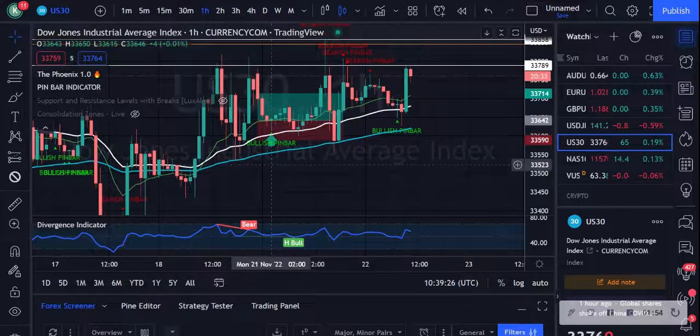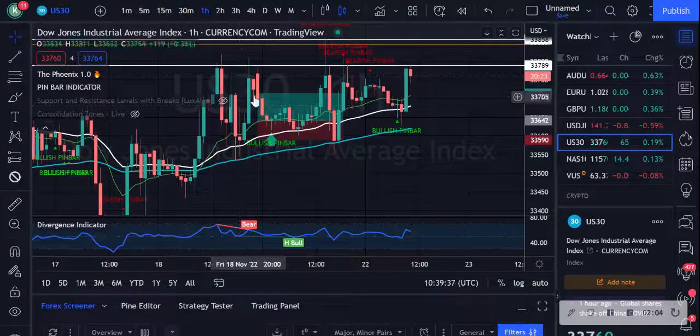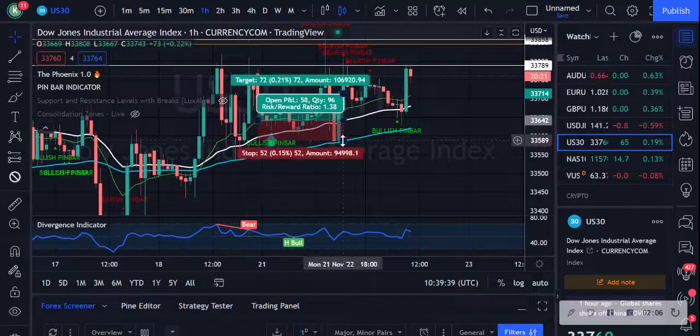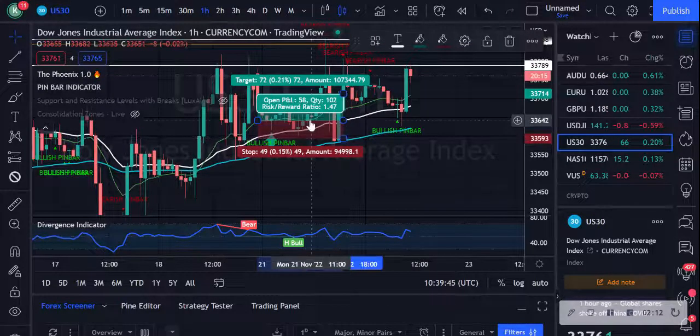But I went in on this candle just because it fit my trading rules and strategy. So I went in here, and I took one is to no, actually I adjusted it. My stop loss was somewhere about here. There we go. So it was about 1:5 to be fair.